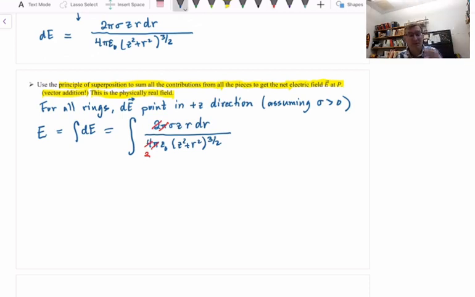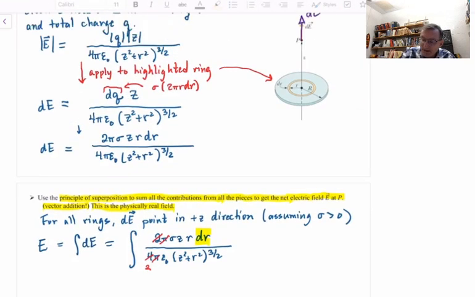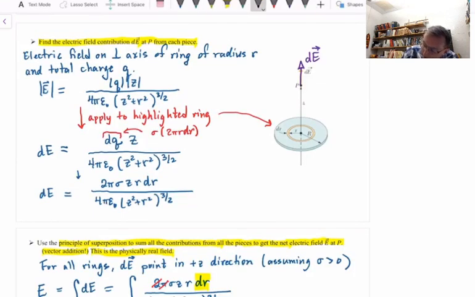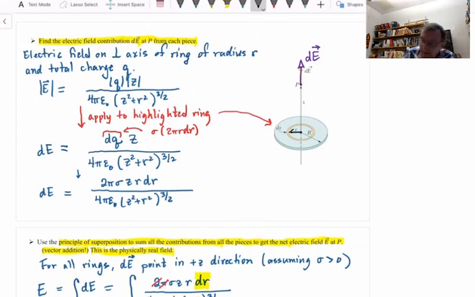Now, what are the limits of this integral? It's a definite integral. Well, I'm integrating over the radial coordinate of the ring. See it right there? For the ring we drew, that's the little r, the distance from the center out to that ring. We have to take all the rings that together make up the disk, and they're nested, starting right up there at the center and then going outward.